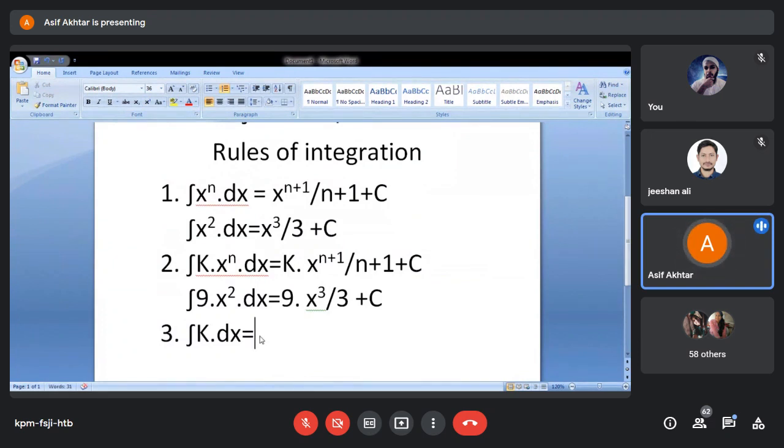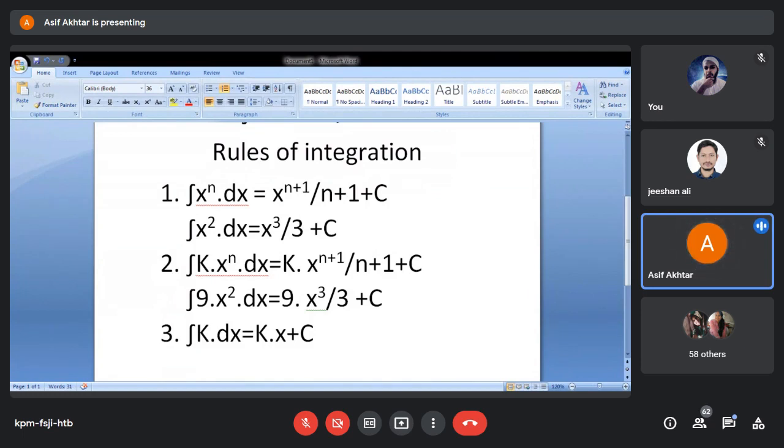So the constant k will remain as it is. We have k into x, and then we have plus the constant. So these are three very fundamental rules of integration, which are very useful when we calculate the integration.